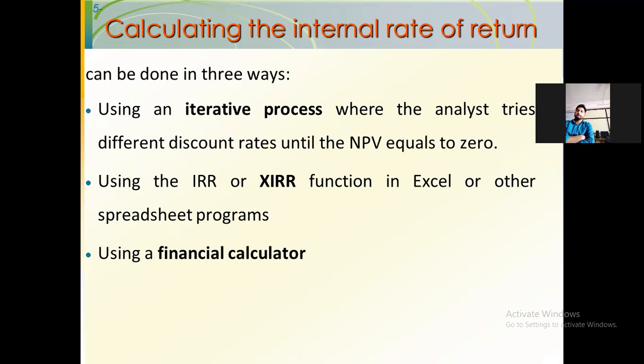The last calculation method is using a financial calculator.